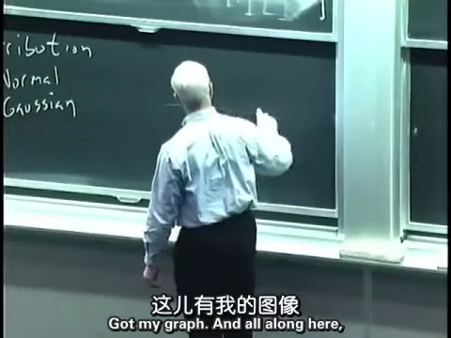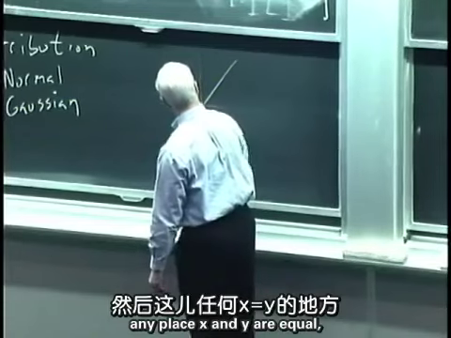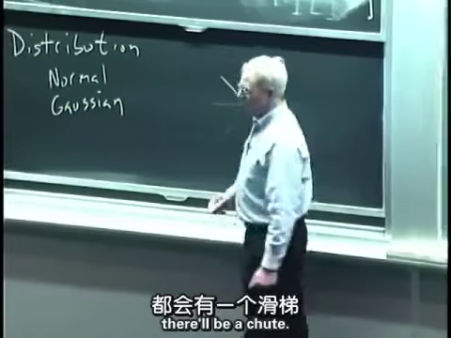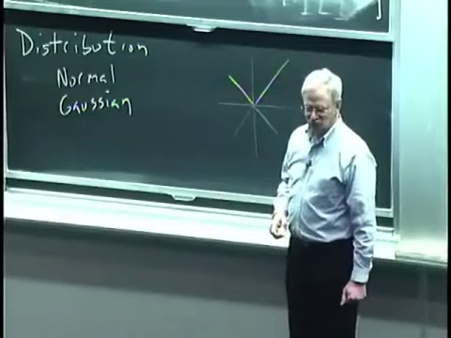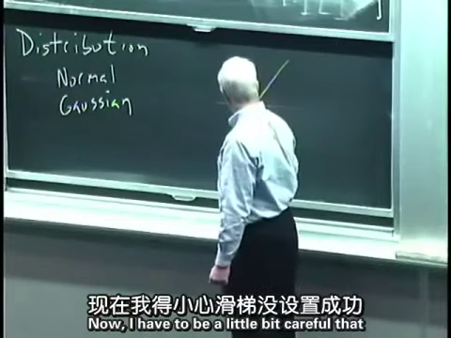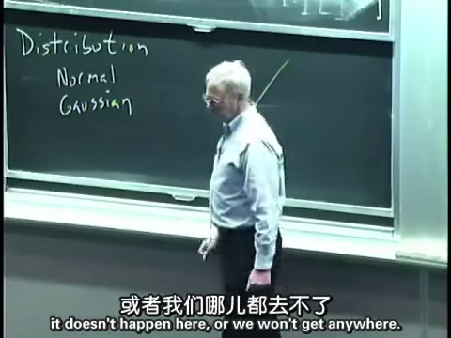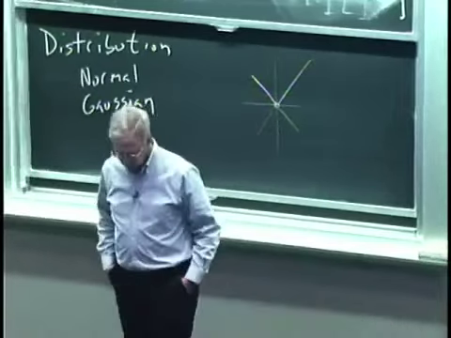Got my graph. And all along here, any place x and y are equal, there'll be a shoot. Now, I have to be a little bit careful that it doesn't happen here, or we won't get anywhere.